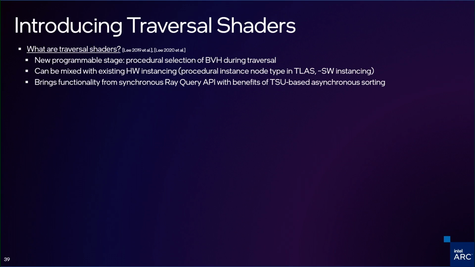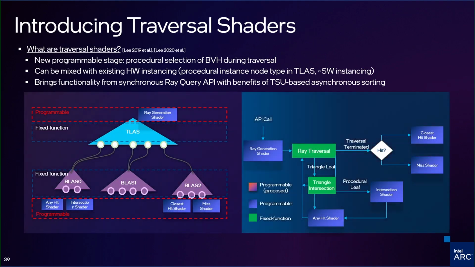Because if you recall, if you use ray query, you aren't able to use our thread sorting unit. Here, we're bringing that thread sorting unit back in to get peak hardware performance and acceleration, using the DXR 1.0 pipeline with the best features from the ray query API.